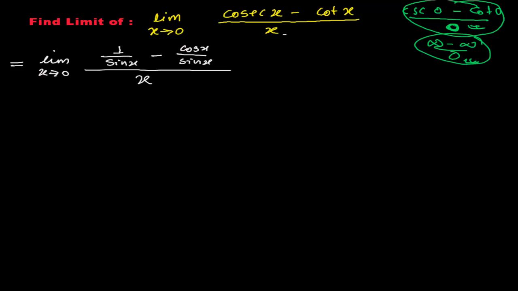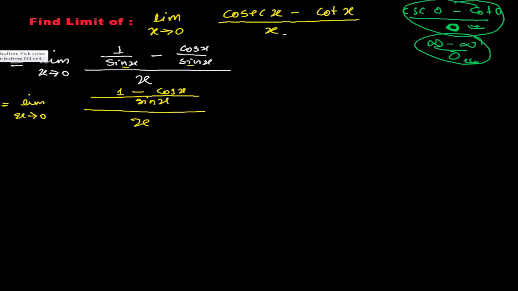And now in the next step, limit when x tends to 0. Now sin x and sin x will be common, I mean we can take the LCM, and you'll get sin x here, and this will be left with 1, and this will be left with cos x, and then whole divided by this x.